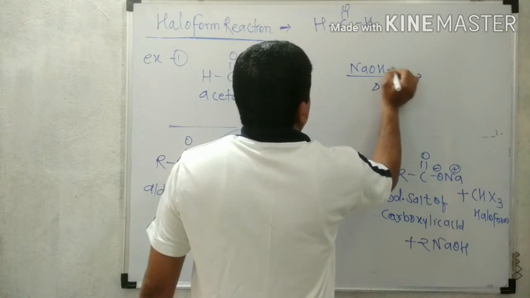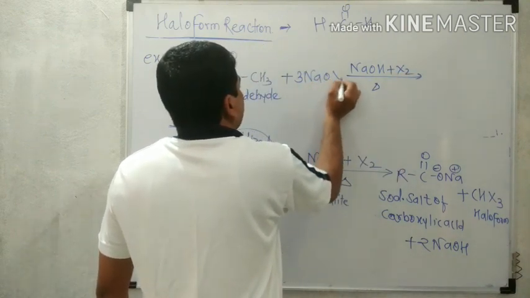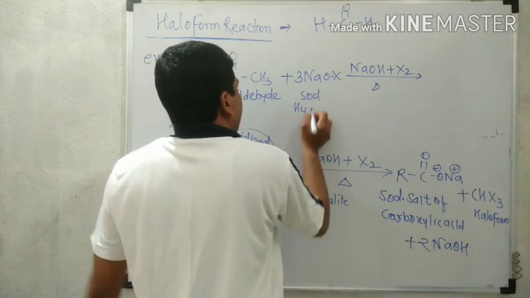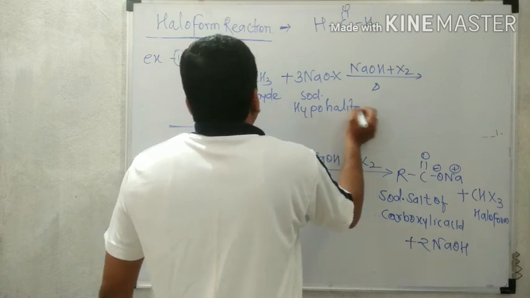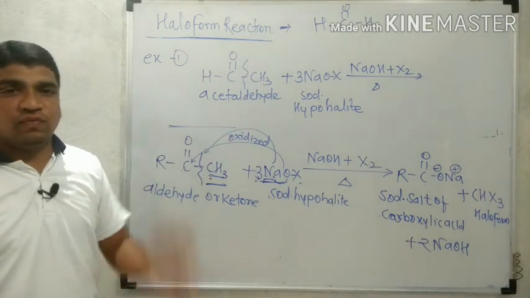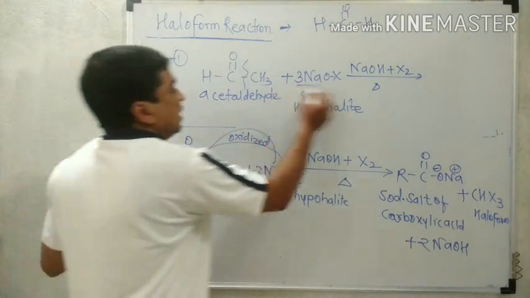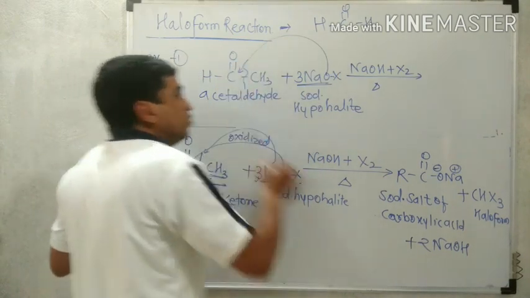When reacted with NaOH and halogen, we know that three NaOX, sodium hypohalite, are obtained, similar to the general reaction. Here the breaking of the carbon and methyl group bond takes place, just like the general reaction. From three NaOX, one ONa gets attached to this carbonyl carbon.